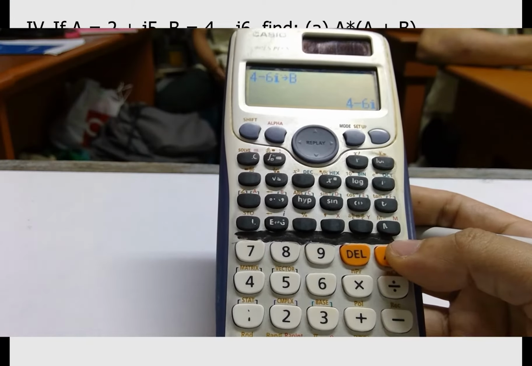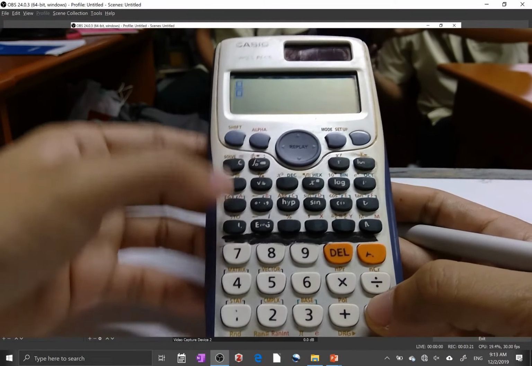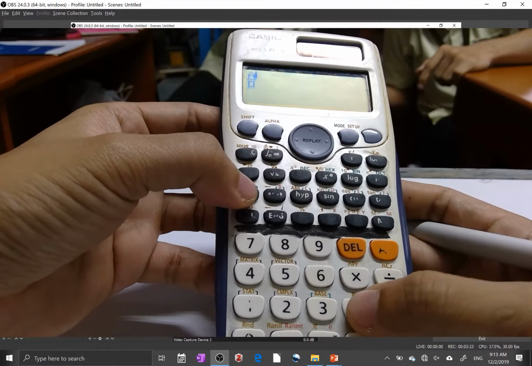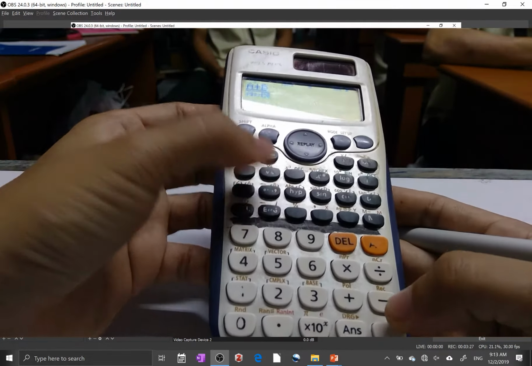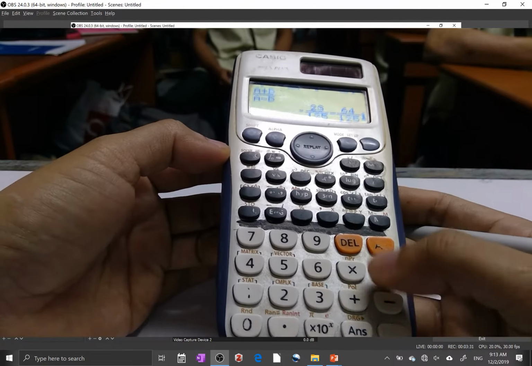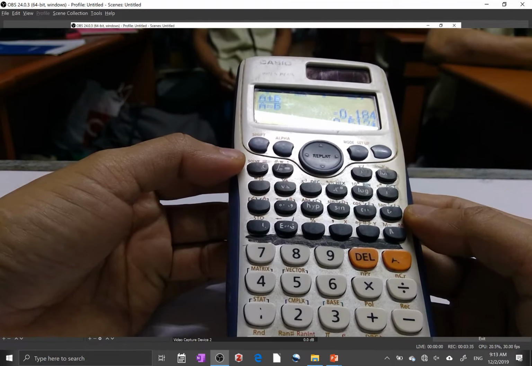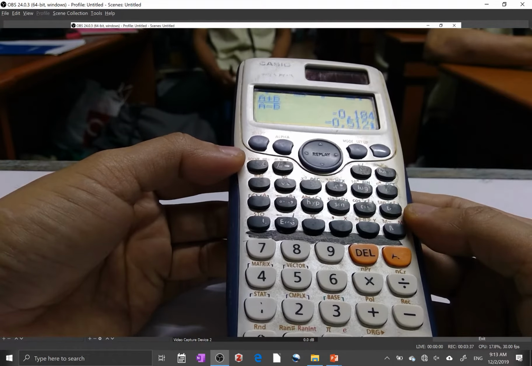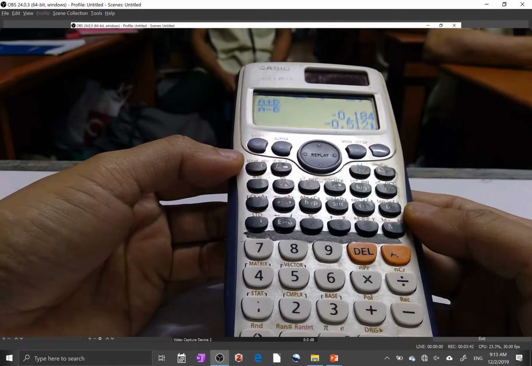So a plus b over a minus b. In this case, I have alpha a plus alpha b divided by alpha a minus alpha b. So that's in a fraction form, or negative 0.184 minus 0.512 j.